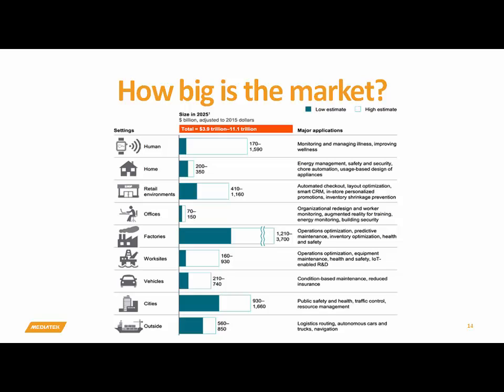And how big is the market that we're talking about? Well, many people will talk in multiple tens of billions of units by 2020, 2025, and some are a little bit more pessimistic. All we know is it's going to be a large number. What I've done is I've got a slide here that demonstrates the variance between the low end and the high end estimates.